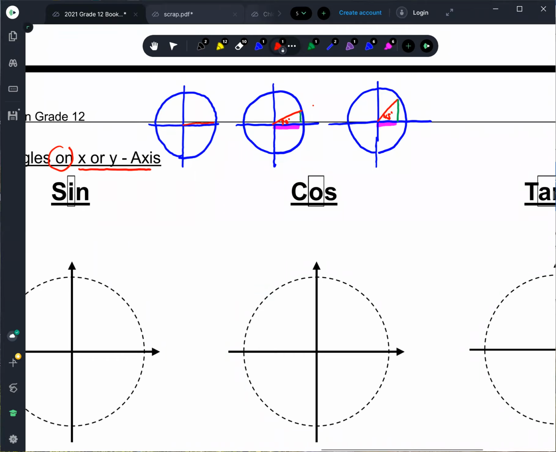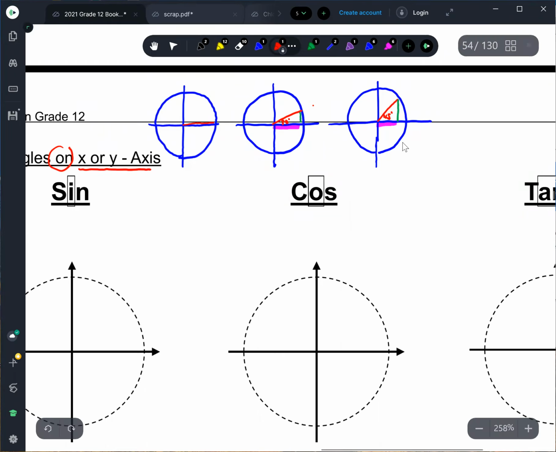Then which side disappears now? Does anyone know? Is it the opposite side or the adjacent side? Which side would disappear? Anybody?